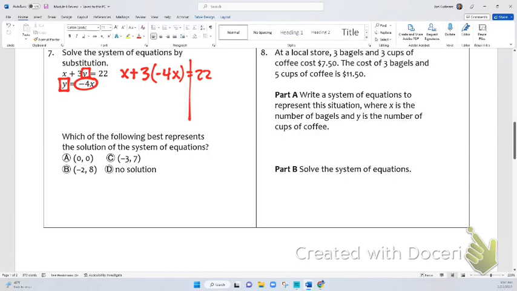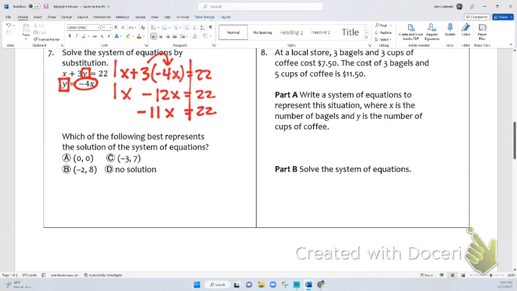So we solve for this one. First, we start with our distribution, or our multiplication. 3 times negative 4x gives me a negative 12x. Everything else stays exactly the same. For those of you who get confused, remember that there is an imaginary coefficient in here, which is a 1. So when you do 1x, take away 12x, that gives you negative 11x's.